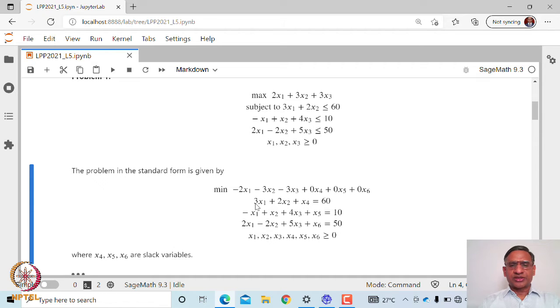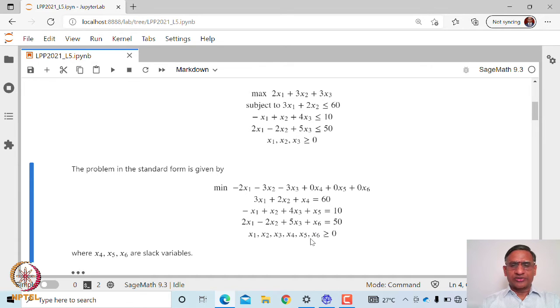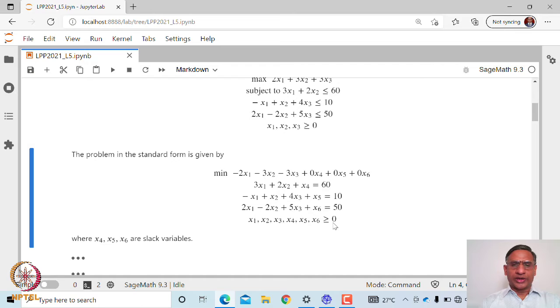And then first constraint will become now 3x1 plus 2x2 plus x4 is equal to 60. Second constraint will become minus x1 plus x2 plus 4x3 plus x5 is equal to 10. Third constraint is 2x1 minus 2x2 plus 5x3 plus x6 is equal to 50. And all these x1 to x6 are non-negative.